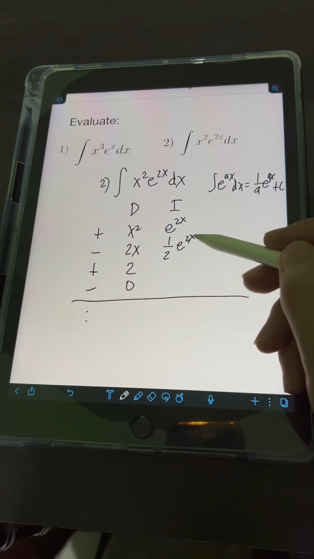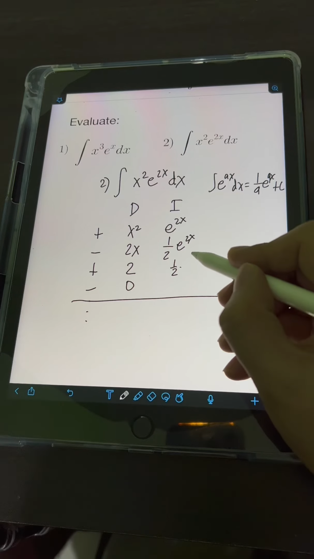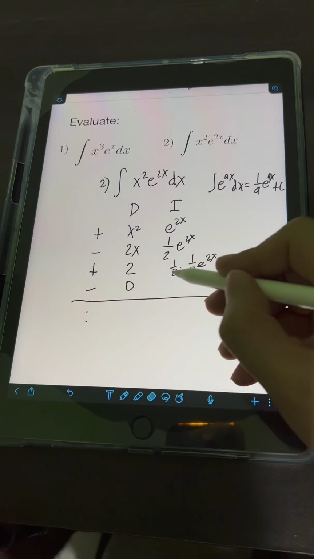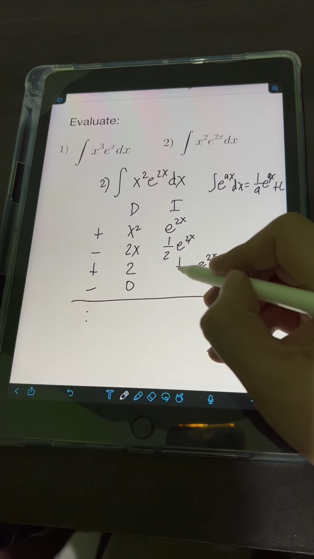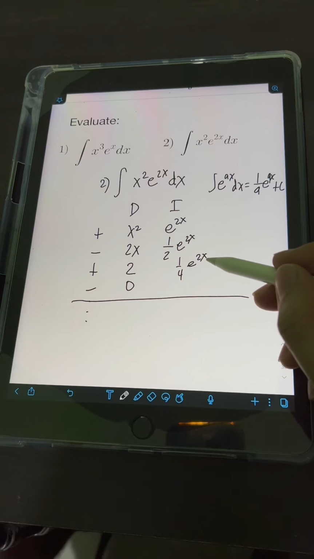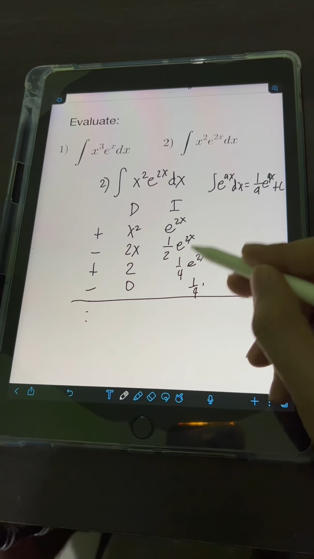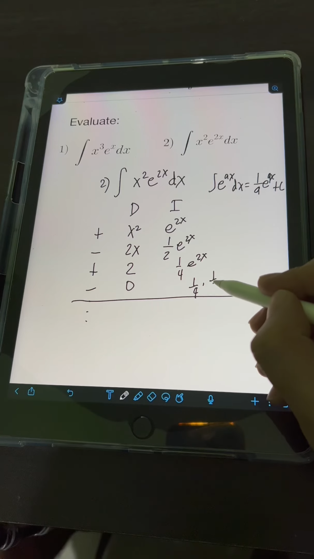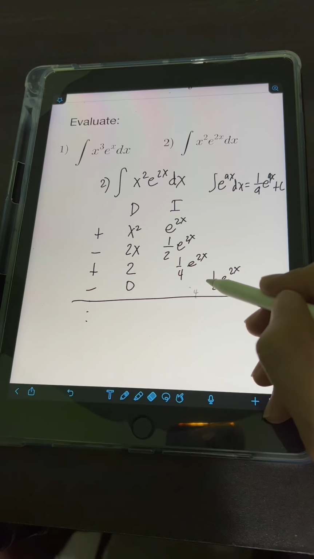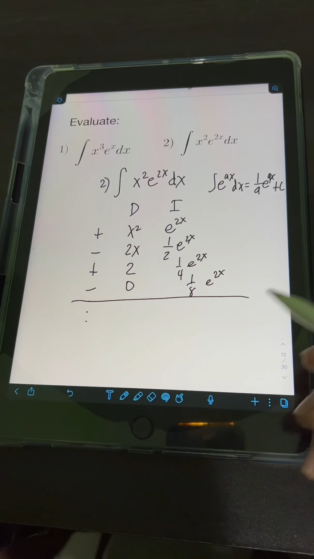Integrating 1 half e raised to 2x, that will be 1 half times 1 half e raised to 2x, which is 1/4 e raised to 2x. For the last integral, 1/4 times the integral of e raised to 2x again, 1/4 times 1 half, that's 1/8 e raised to 2x.